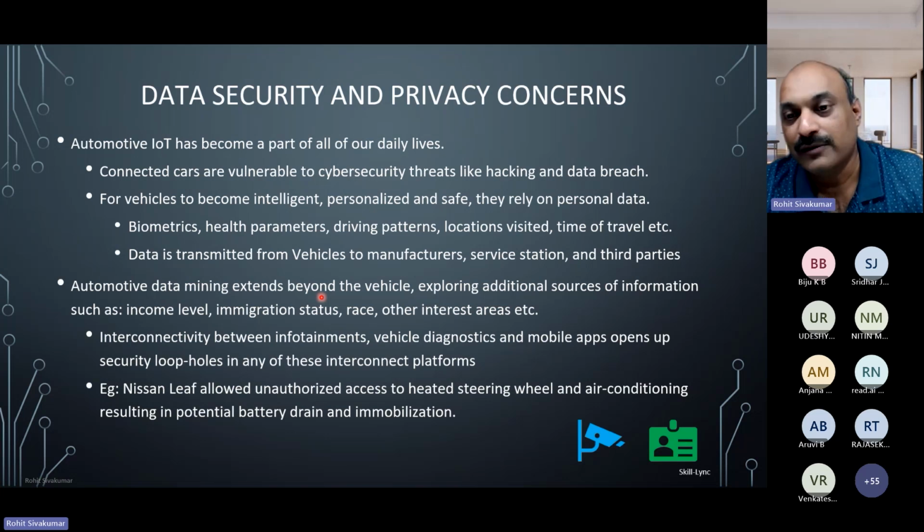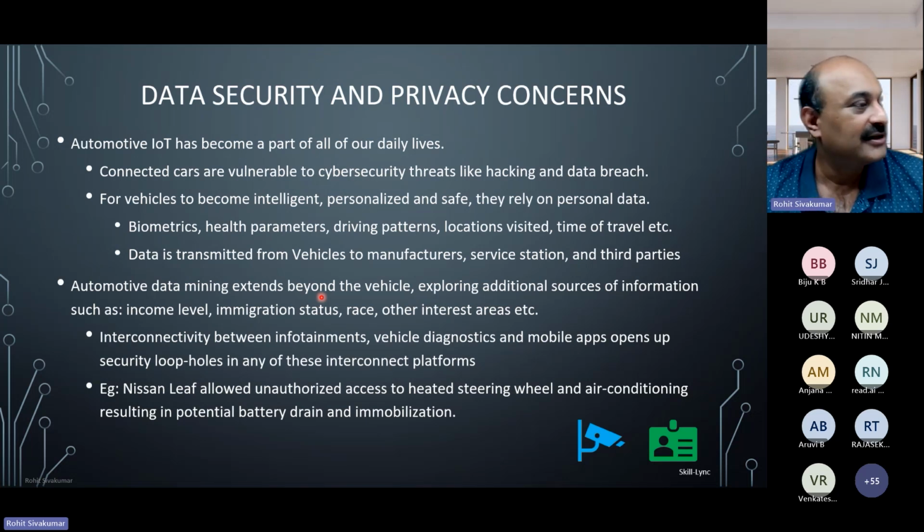So even though you need data to make intelligent decisions to enhance customer experience, there's also a certain limitation in terms of how much data you could use. There's also consent that you need to legally ask a customer for to share data for all these use cases. Those things have to be kept in mind when we talk of data security and privacy concerns.